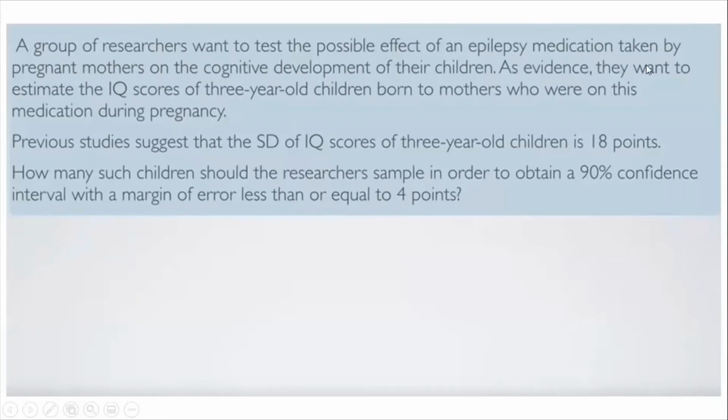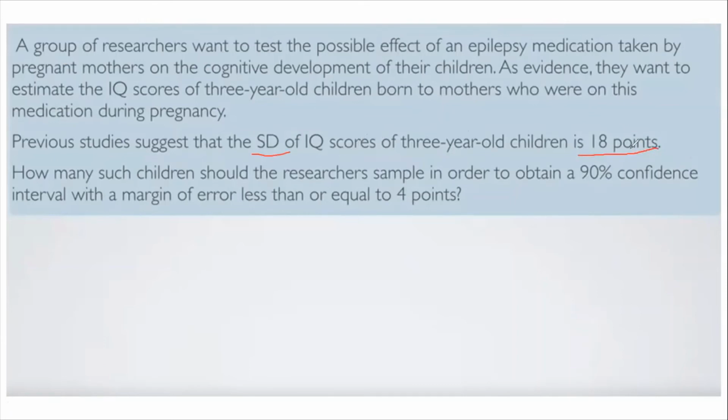As evident, they want to estimate the IQ scores of 3-year-old children born to mothers who were on this medication during pregnancy. Previous studies suggest that the standard deviation of IQ scores of 3-year-old children is 18 points. So this is the first given point, the standard deviation from a previous study.